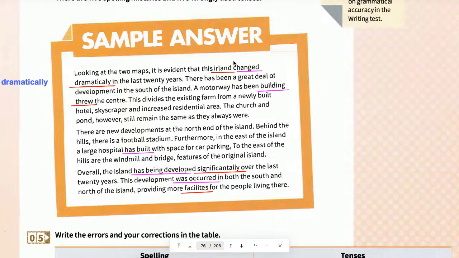Has been. Very good. There has been a great deal of development in the south of the island. Has been. Next. Yes, has been built. A motorway has been built through the center. Okay? So 3 already.